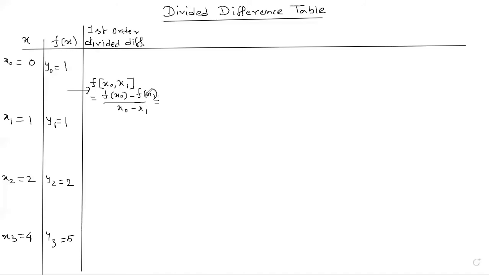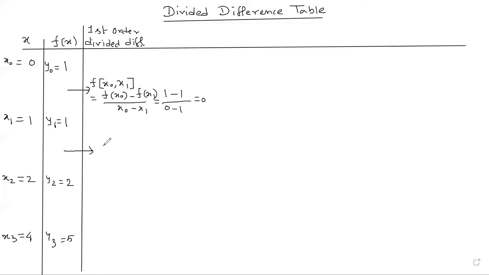So we just need to put the values. F of x0 is given by 1 minus f of x1, that is y1, which is 1, by x0 minus x1. So it is 0 minus 1, which is equal to 0. So here we can see f of x0, x1 is given by 0.